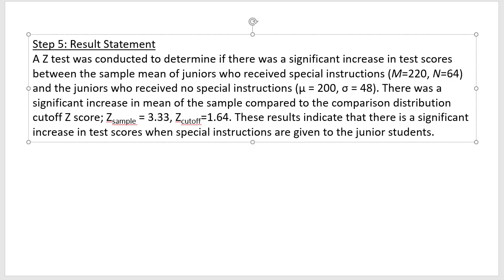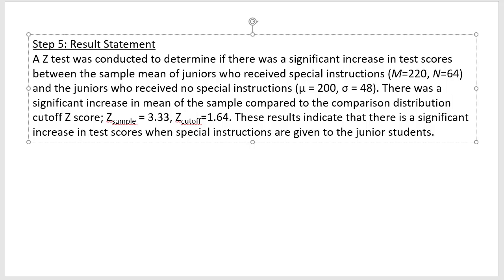There was a significant increase in the mean of the sample compared to the comparison distribution's cutoff z-score. Z of the sample was equal to 3.33. The cutoff z-score, or z of the cutoff, is equal to 1.64. These results indicate that there is a significant increase in test scores when special instructions are given to the junior students.